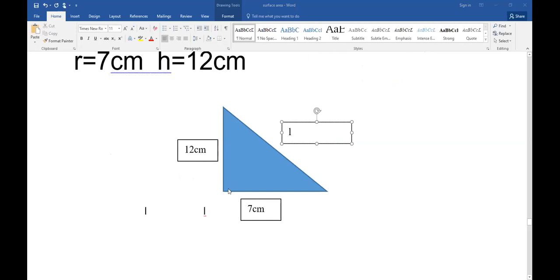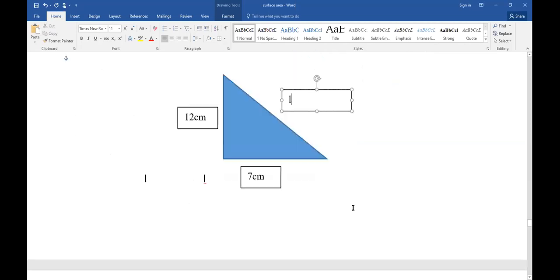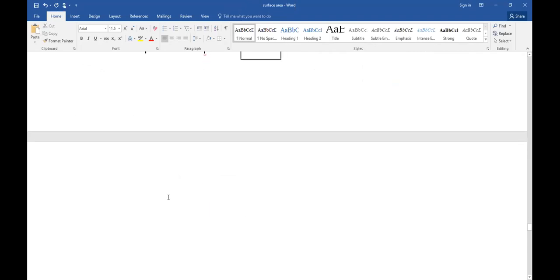Because this one is a right-angled triangle, 12 squared plus 7 squared is equal to L squared. So this is what you are going to have here. Let's do it here. 12 squared plus 7 squared is equal to L squared.